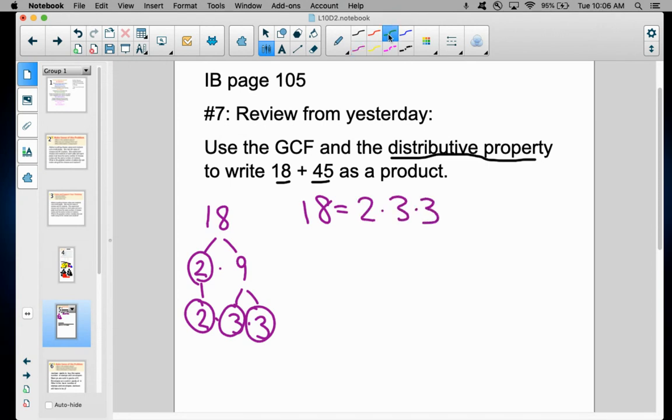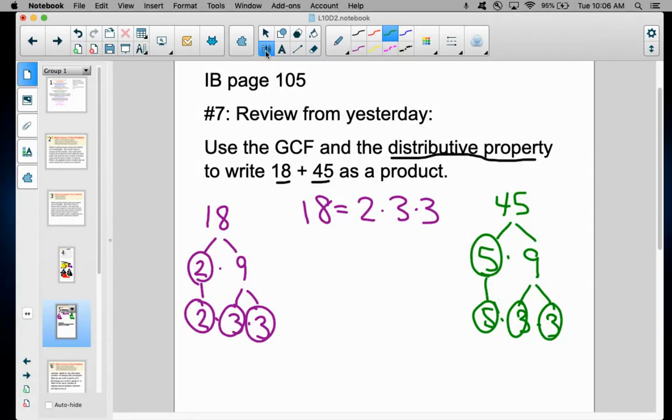Now I'm going to do the same prime factor for 45. 5 times 9 is 45, and 5 is prime, so I'm going to drag that down, but 9 is not. That's 3 times 3. So I'm getting all my prime factors, I'm actually circling so I know that they're prime. So for 45, the prime factorization is 3 times 3 times 5.